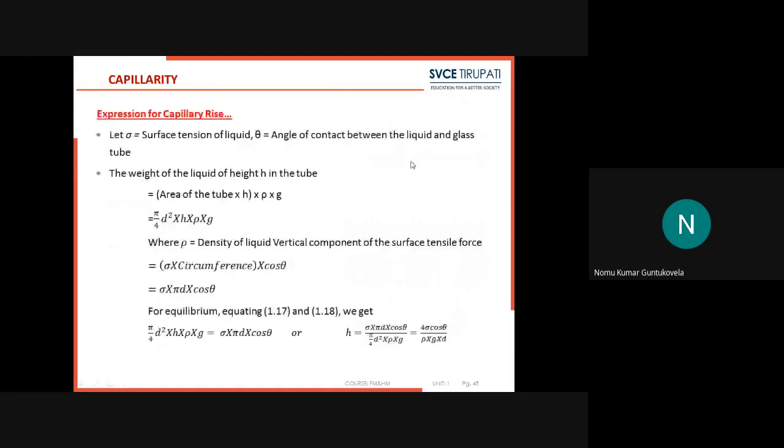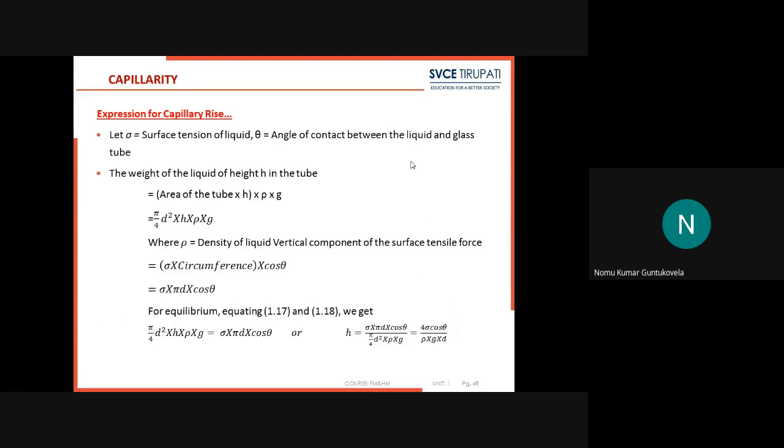The formula is h equals 4 sigma cos theta by rho g d. Theta equals 0 degrees for water and theta equals 130 degrees for mercury; the exact angle is 128 degrees.